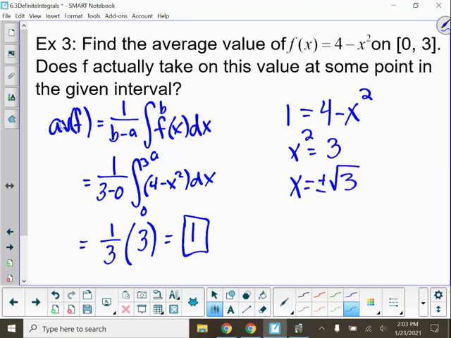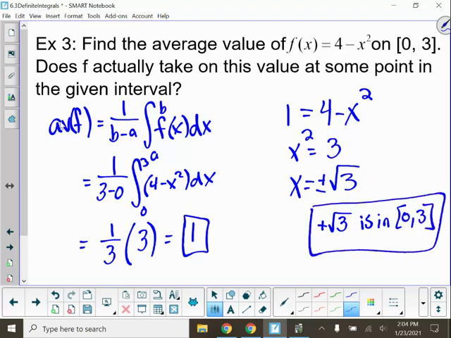Well, if I think about my interval from 0 to 3, I have 2 answers for x where it takes on this value, but the positive version is in that interval 0 to 3. So negative square root of 3 does not fall within that interval, but positive square root of 3 actually does.